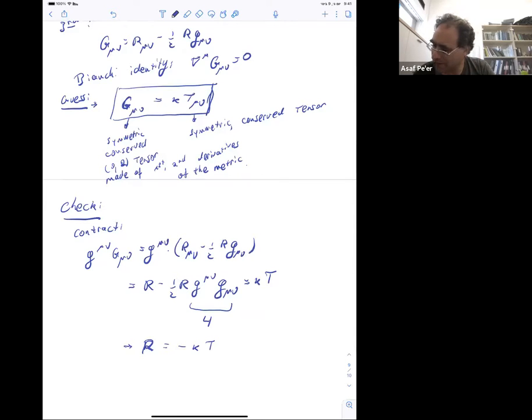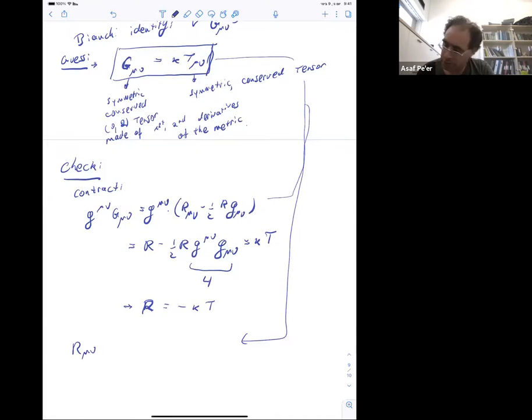Okay, so using that back in here, I can write it down as R mu nu is equal to kappa T mu nu minus 1/2 G mu nu T. So this is the same equation as I wrote here, just written in a slightly different form.